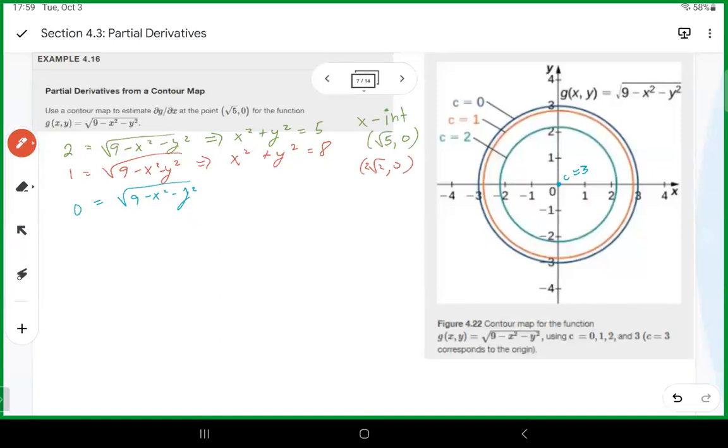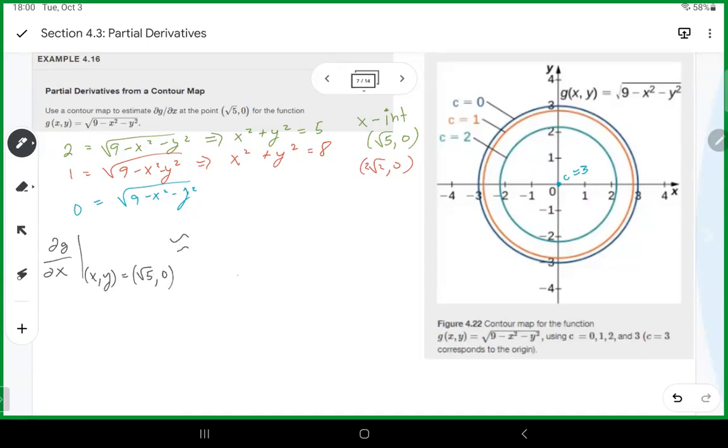All right. So now that we have this background information, what we're going to work on is our estimate. It's going to be from the square root of 5 to 0.